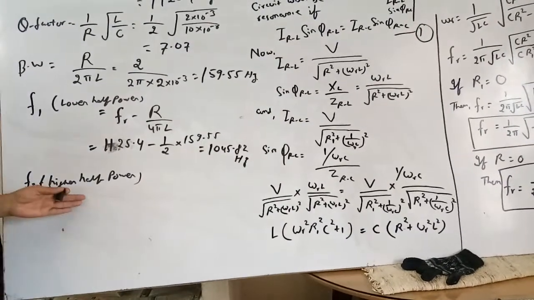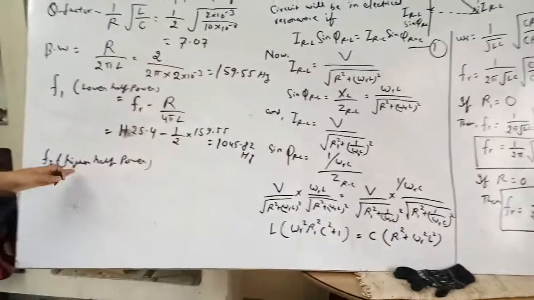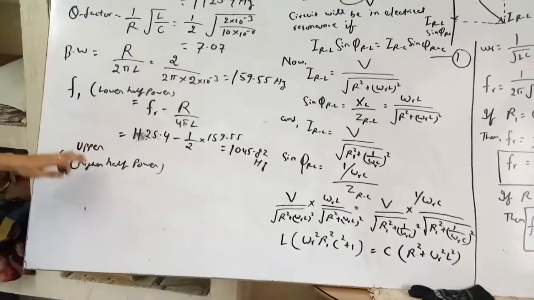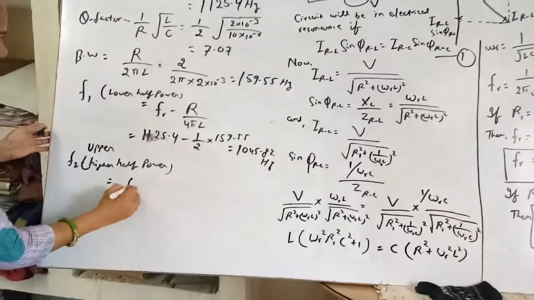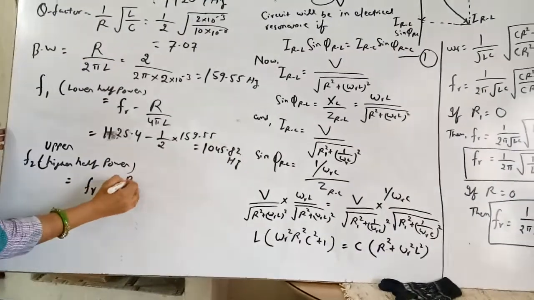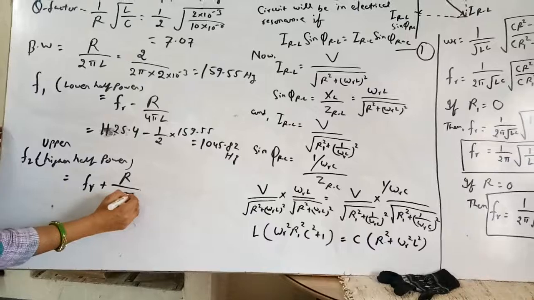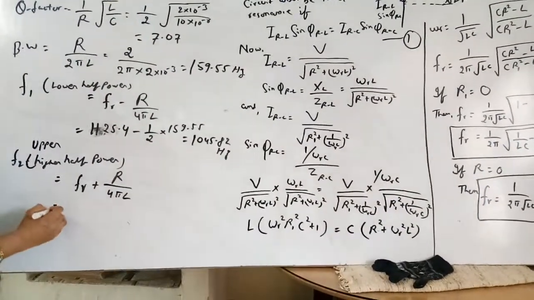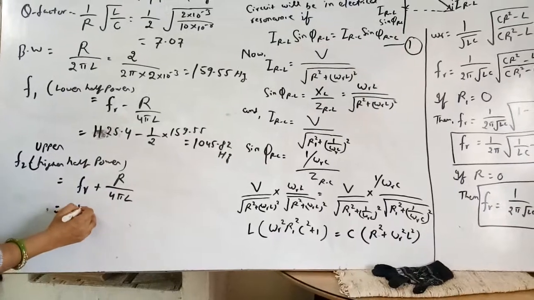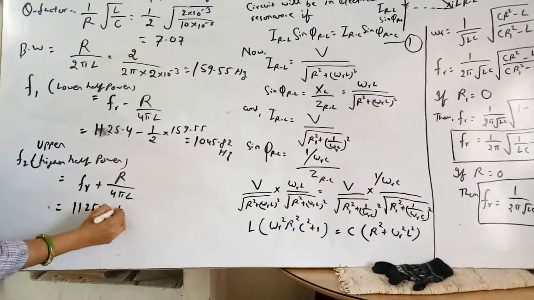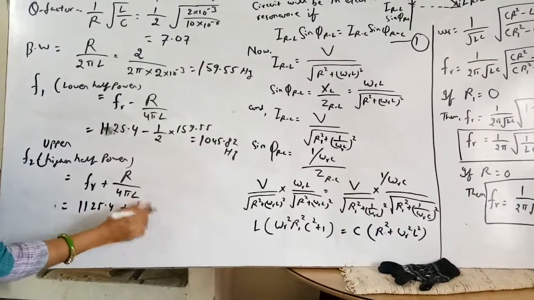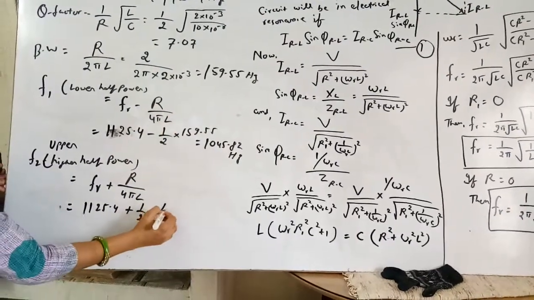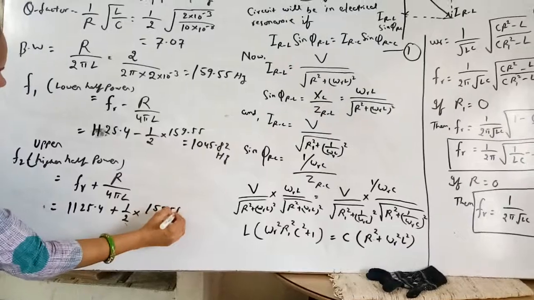Next is your higher half power frequency, also known as upper half power frequency, equals FR plus R upon 4 pi L. We have calculated this value. Now put the value of FR plus 1 upon 2 into R upon 2 pi L we have calculated, that is 159.55.